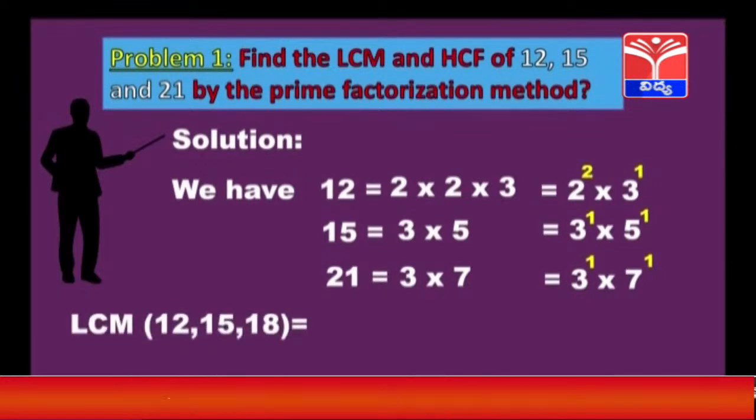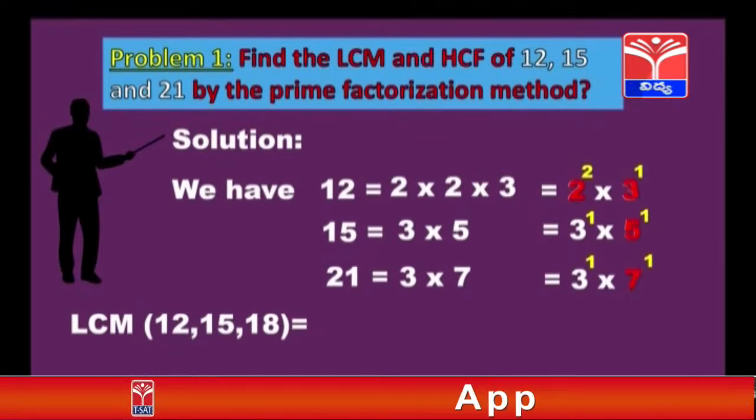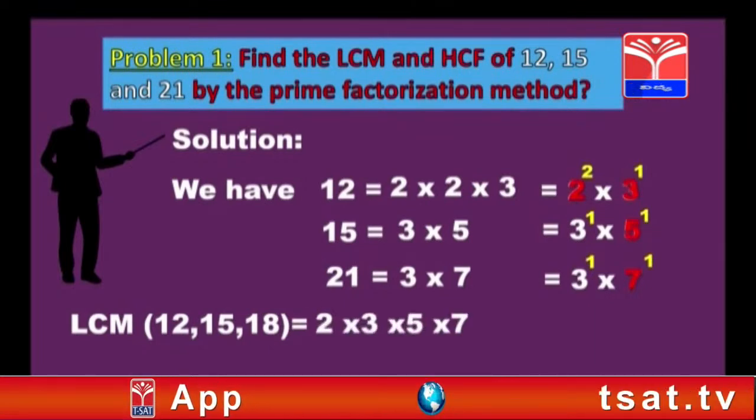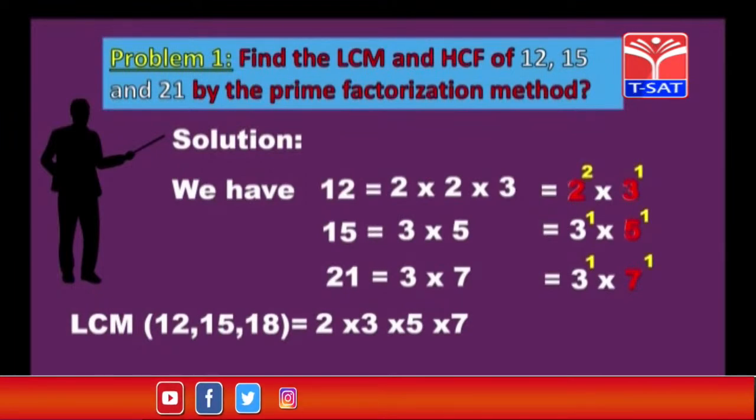Now for finding the LCM of 12, 15, 21, I should list out all the prime factors. The prime factors which we have are 2, 3, 5, 7. So now I list out all the primes here: 2, 3, 5, 7. Now go for the powers. Which power should be taken? For LCM, always the greatest power. In the comparison, which power of 2 is greatest? 2 square is the greatest, so I am taking 2 power 2.